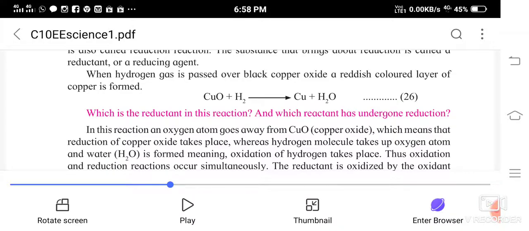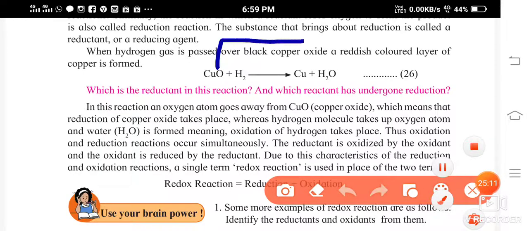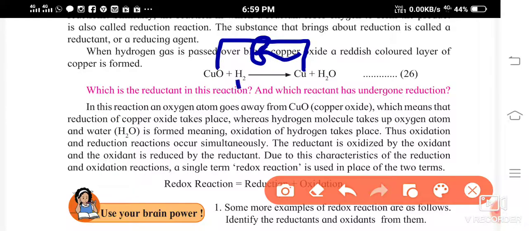In this case, what type of reaction has taken place? A reduction reaction has taken place, correct? Now here you can see hydrogen has gained oxygen and it has formed water.